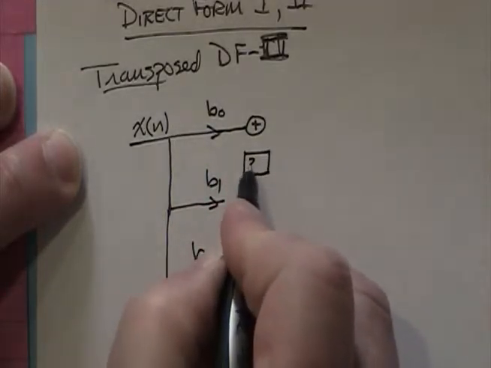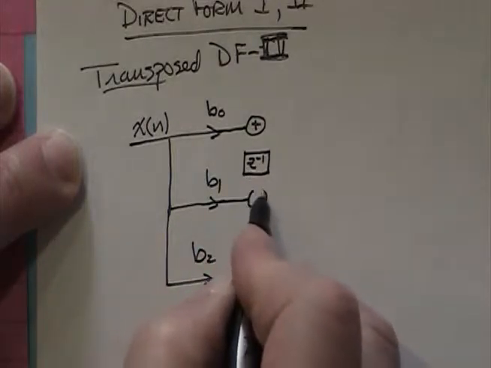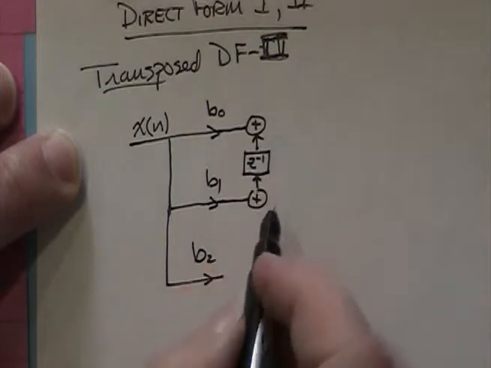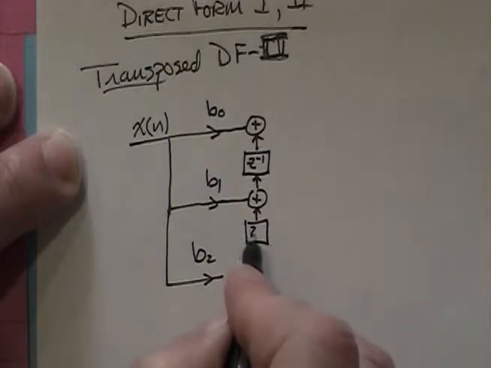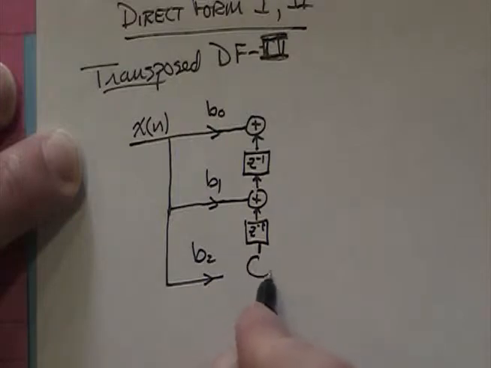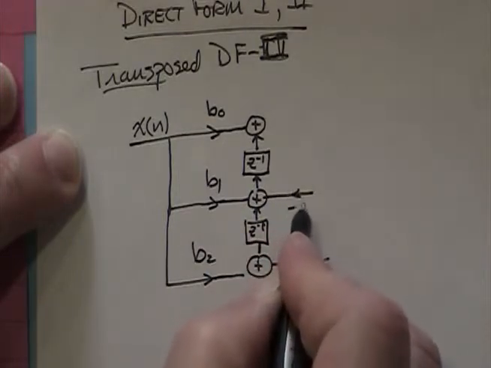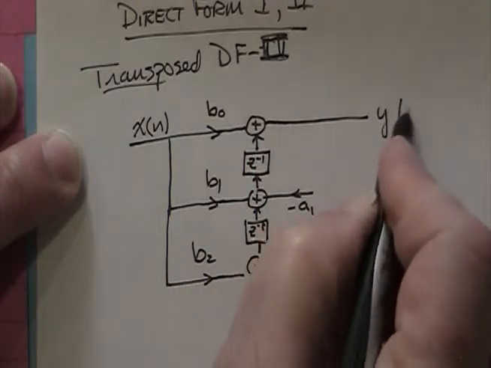My signal flow goes in the opposite direction for this filter, so I'm going to, in each case, do a sum and then feed to a delay that goes into the next sum, right? Okay, and this should be a sum again. And then on the other side, I bring in my minus A2, minus A1, and this ends up being my output sample.